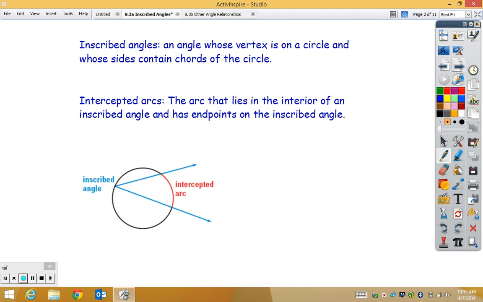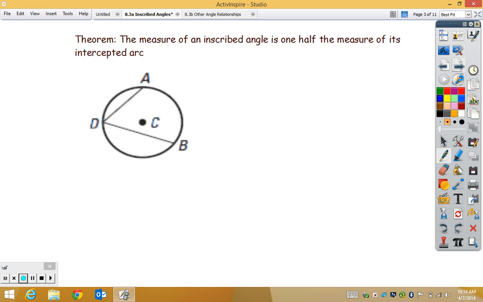So if we look here, we have the red intercepted arc that's clearly on the inside of the angle, and you can see the endpoints are where the inscribed angle comes in contact with the circle. So a theorem: the measure of an inscribed angle is 1/2 the measure of its intercepted arc.